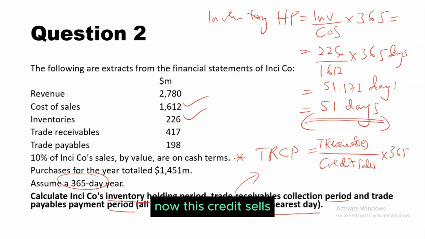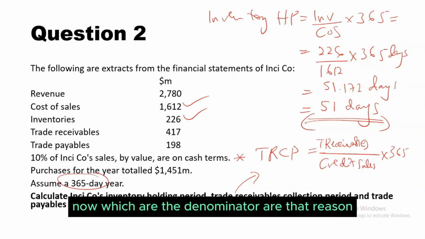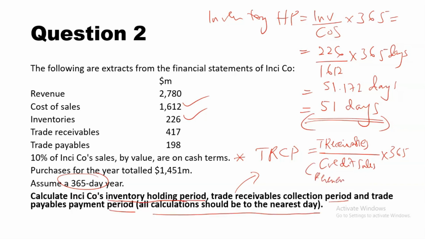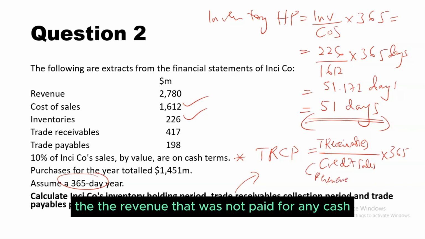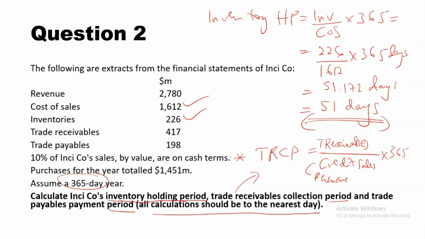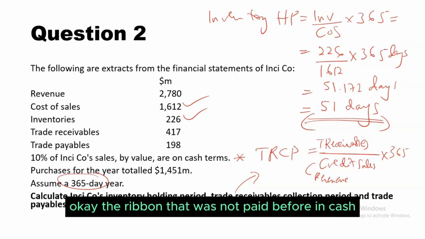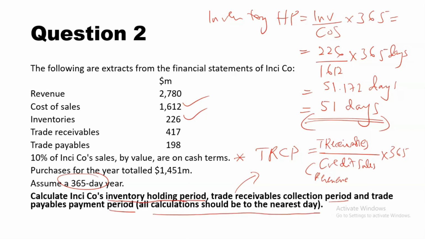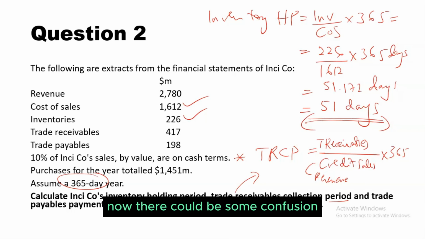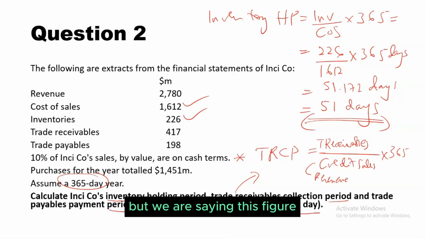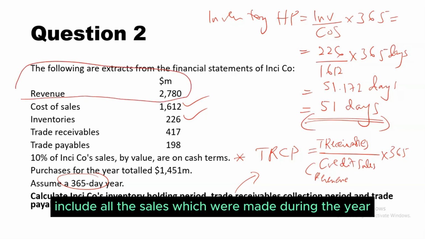Now, these credit sales, which are the denominator, are that revenue, the revenue that was not paid for in cash. Now, there could be some confusion, but we are saying this revenue figure includes all the sales which were made during the year.